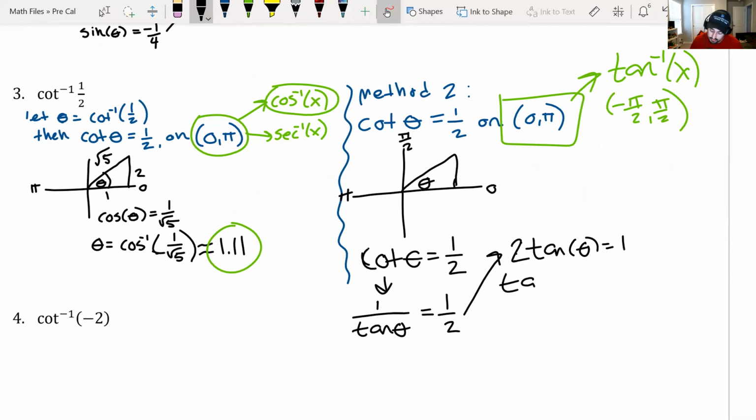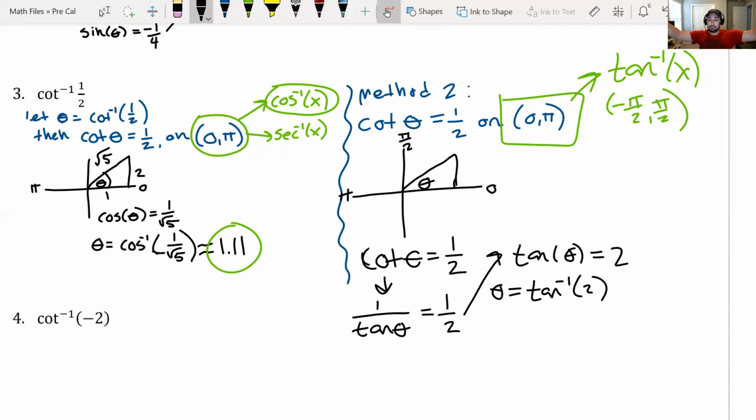Oops, other way. Bad cross multiplying on my part. All right, proper cross multiplying, you get tangent theta equals 2. Apply the inverse, and theta equals the inverse tangent of 2.